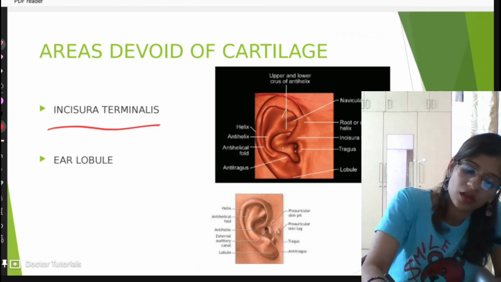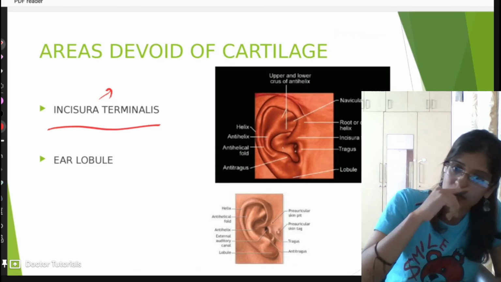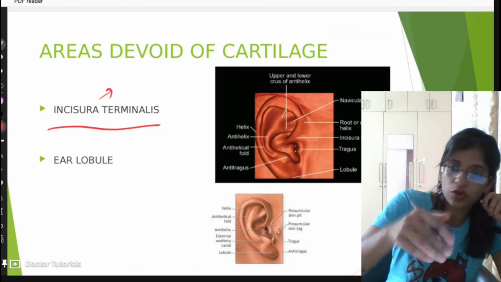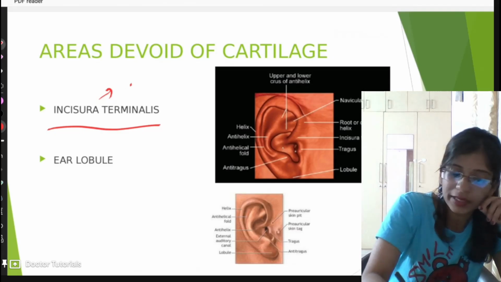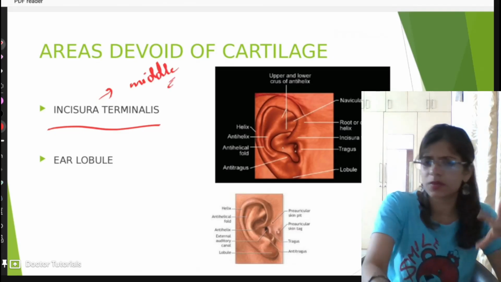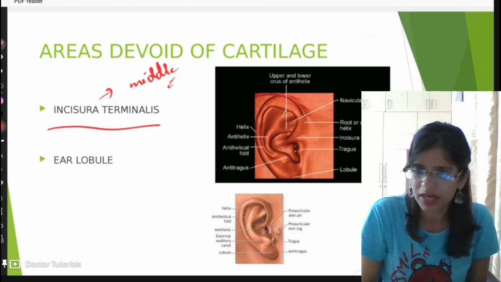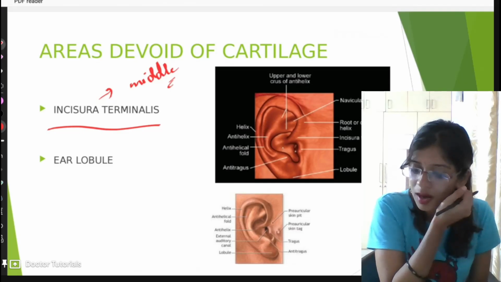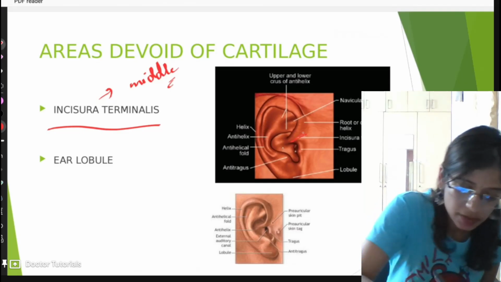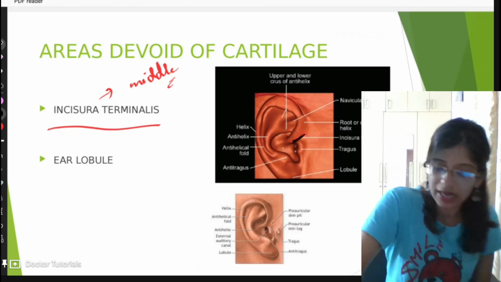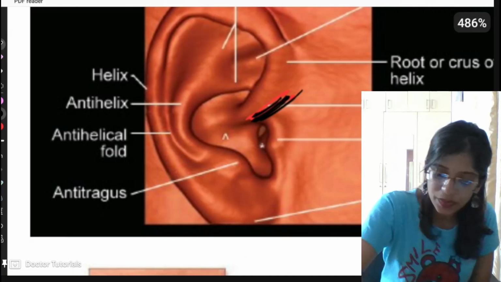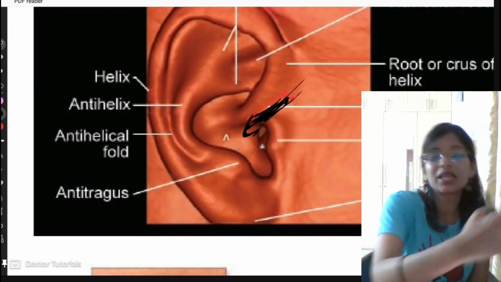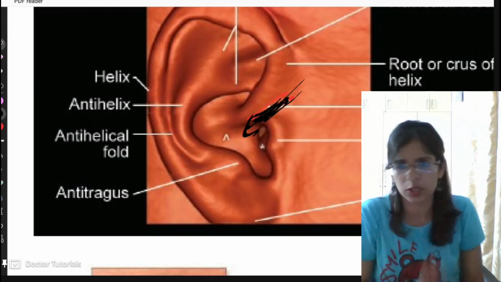Because this is the area where, when ENT surgeries like ear surgeries are done, if the surgeon wants to get into the middle ear, or if he wants to do some surgery in the external ear or the tympanic membrane, he can access those parts if he makes an incision in the incisura terminalis. He can make an incision in the incisura terminalis and then proceed inward to do the surgery of the middle ear or external ear.